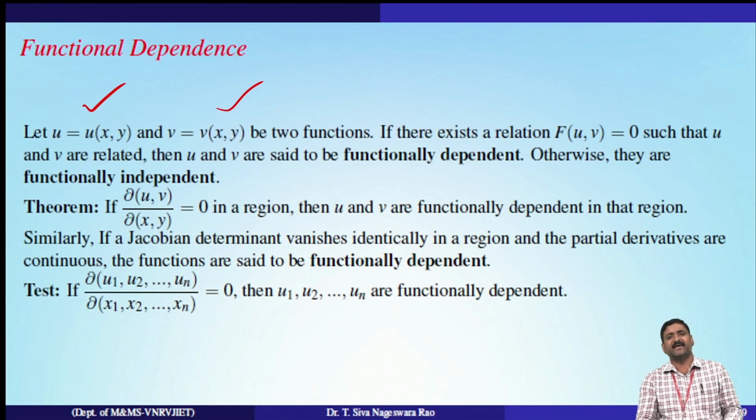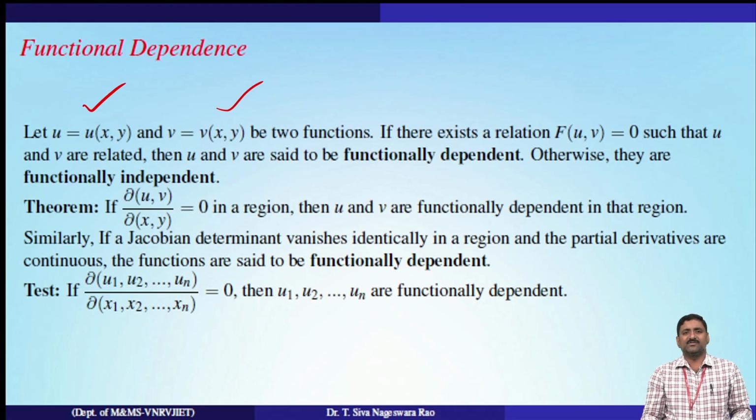Otherwise, they are functionally independent. By taking two functions, our aim is to construct a relation between u and v if possible. If it is possible, we say functional dependence. Otherwise, it is functionally independent. This theorem provides more information about functional dependence, and how the Jacobian helps to decide whether the given functions are related or not.